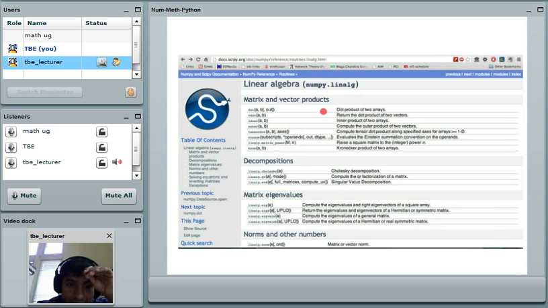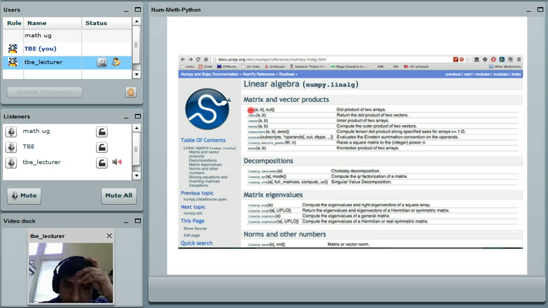So I just pasted some screenshots for you only with regard to this linear algebra package. So you have this package called NumPy, and NumPy itself is a huge package, and inside that there is another package called the linear algebra package, which can do a lot of things which are listed out here.